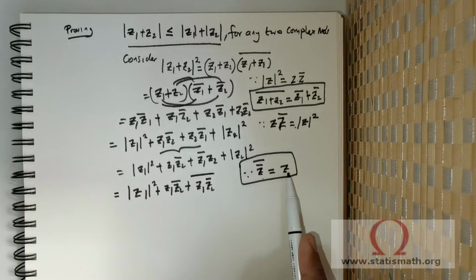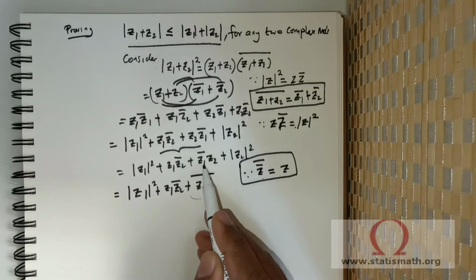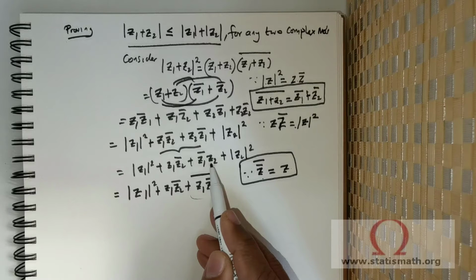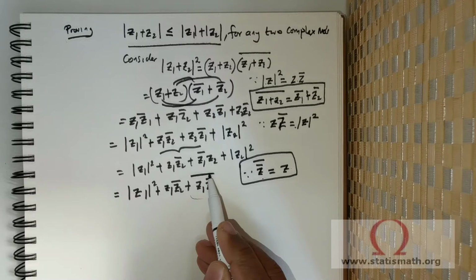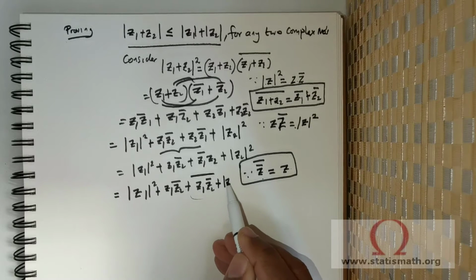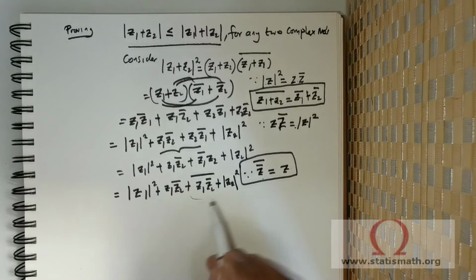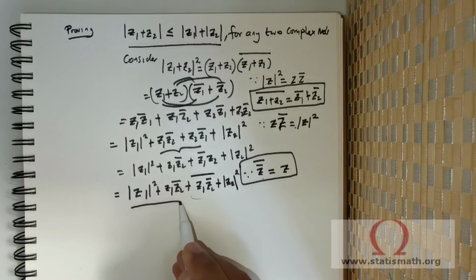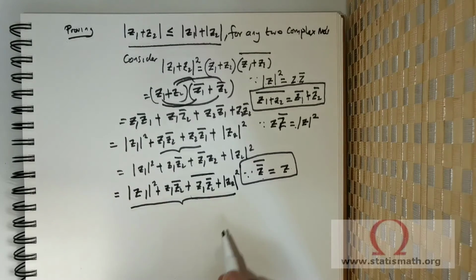So I'm able to represent z1 bar times z2 as the complete conjugate of z1 times z2 bar, followed by modulus of z2 raised to the power 2. This is a nice way to represent the initial quantity that we started with.